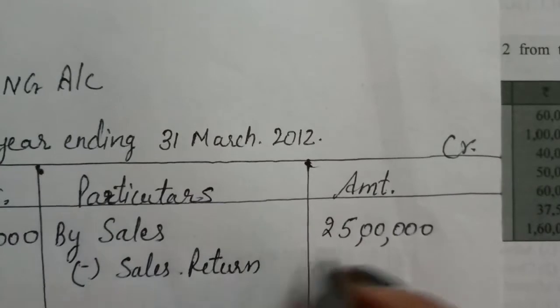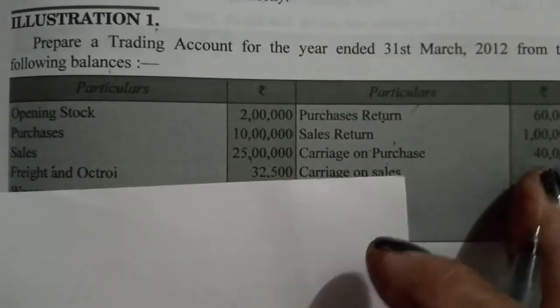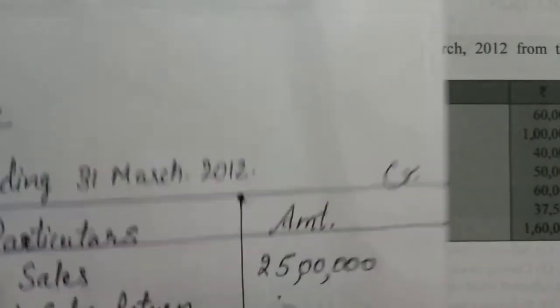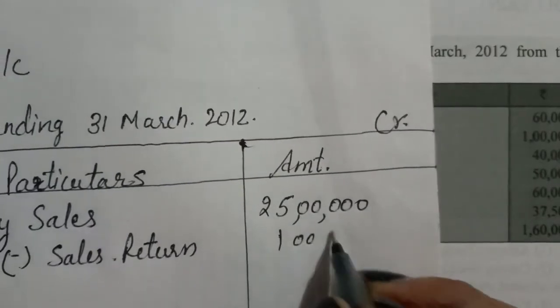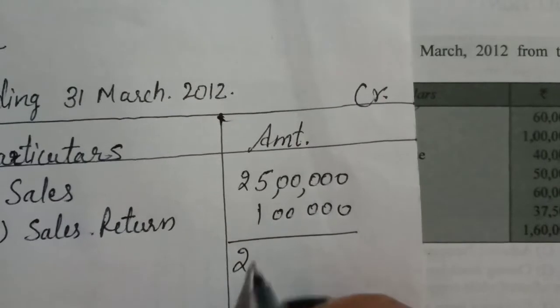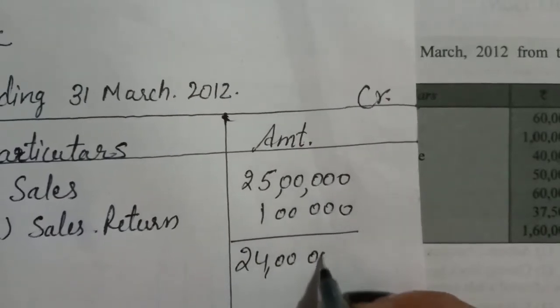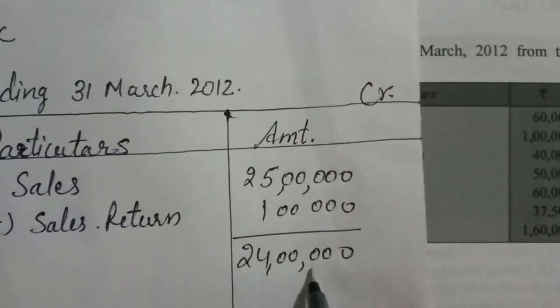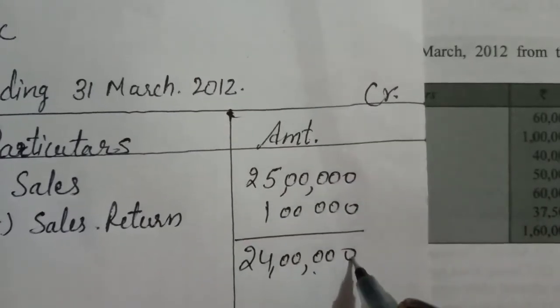How much sales return is there? You will see from the question. Yes, this is 1 lakh. So you have to deduct 1 lakh from this. Then you will get 24 lakh. This is your net sales that you will write on the credit side.